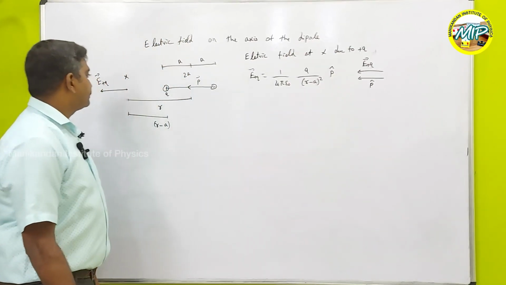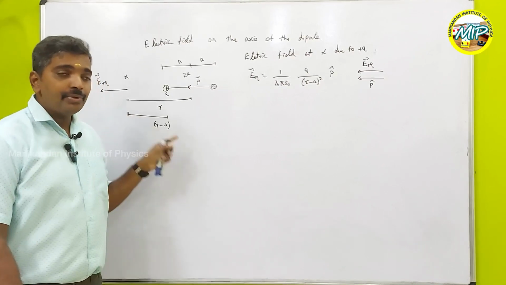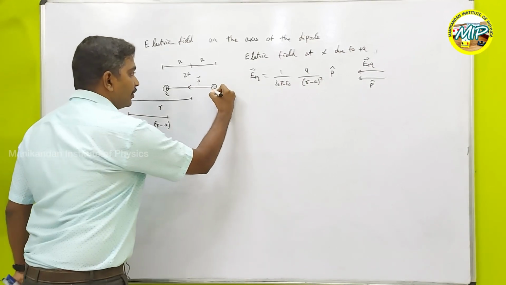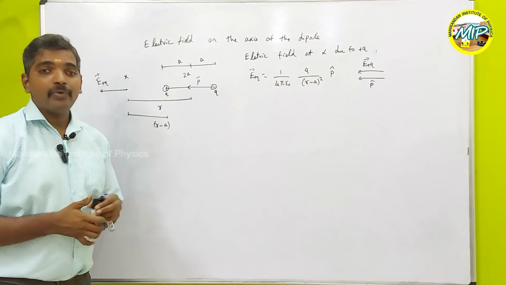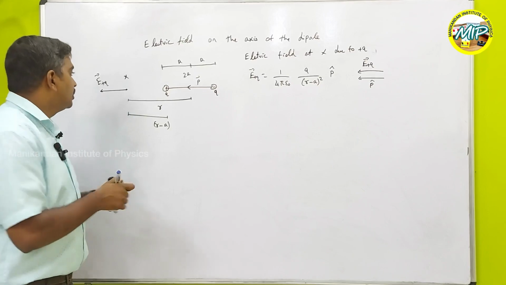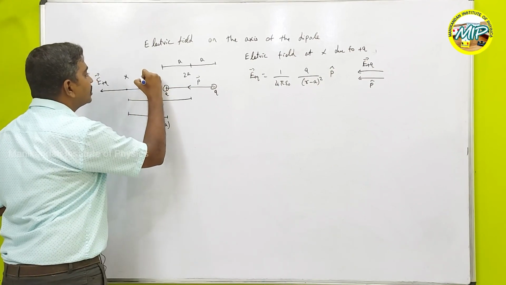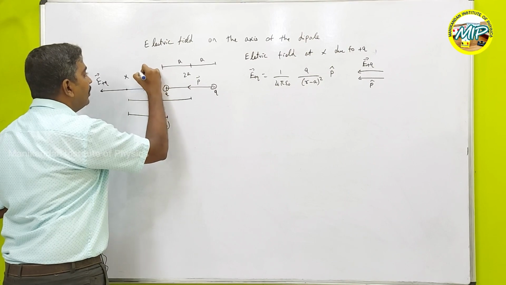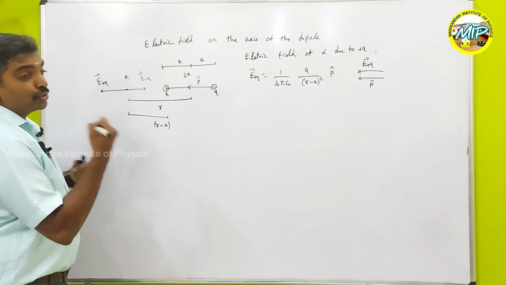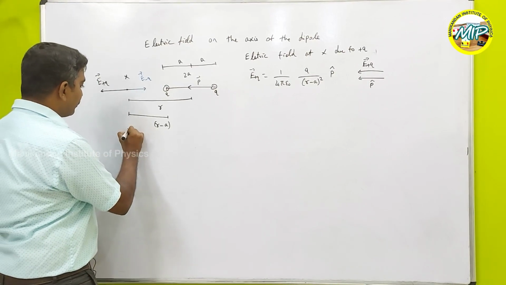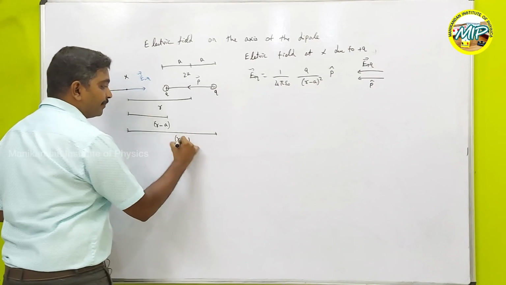So next, I am going to write the electric field at point x due to this negative q. My electric field due to a negative charge is always coming inwards, right? So if this is in this direction, E minus q vector. First I should know the distance. The separation from here to here is going to be r plus a.